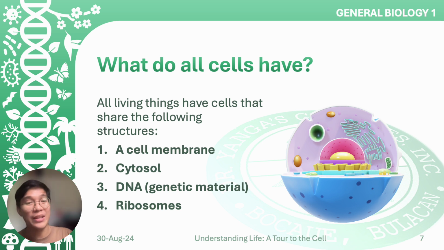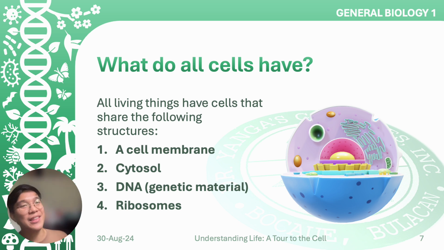It's the fluid. It's an ocean inside that cell where all of these things will float. For example, your organelles like your nucleus, the mitochondria, the vacuoles, all of them will float in the cytosol. Again, cytosol is the fluid, while cytoplasm is the space inside the cell.